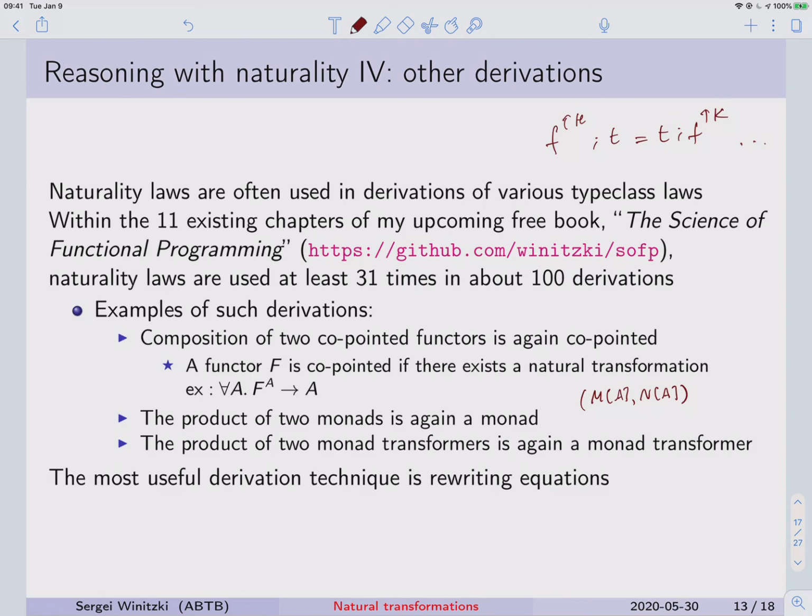Or that the product of two monad transformers is again a monad transformer. So for proving all these things and many other such proofs, you need to manipulate naturality laws very often. And the most useful derivation technique is to write equations and to transform them, just as what I was showing.